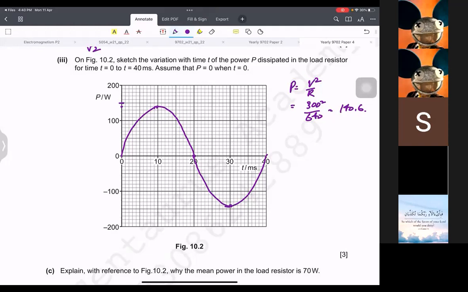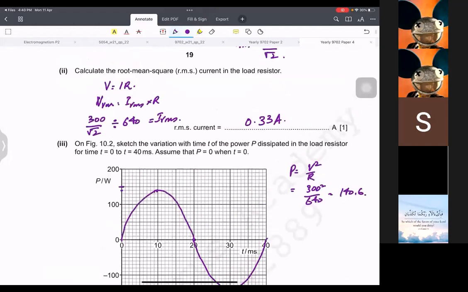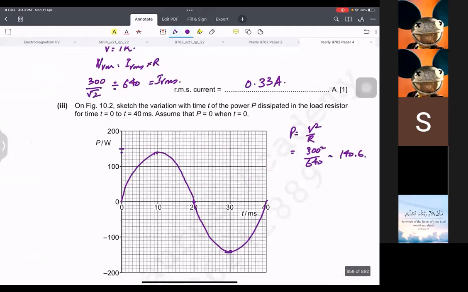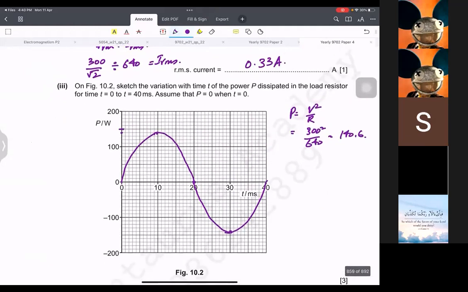But I have another problem. If this was the voltage, it kept on changing, but power cannot be minus. Don't you think power cannot be minus? It's not right. It should be like this. You know why?